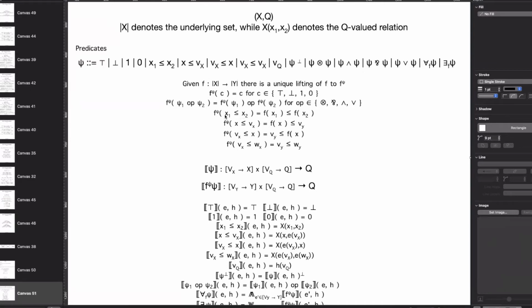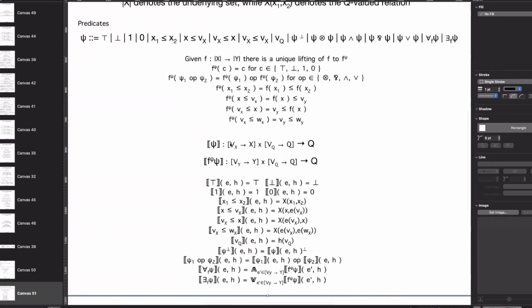It applies F to the left-hand side and the right-hand side of the less than or equal to judgment, which is precisely what we need for functoriality. So that's where we're assuming that F is a functor, and then it does all the right things for variables. So that's kind of the basic idea for this F psi construction.